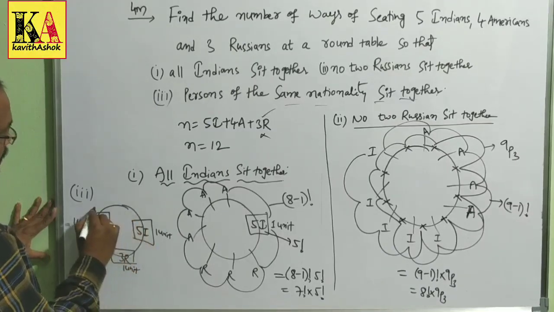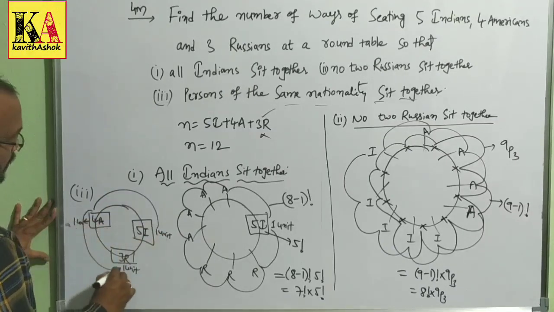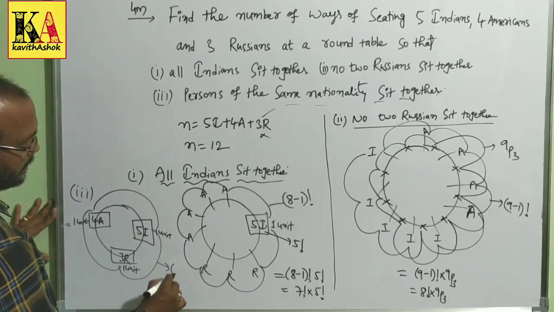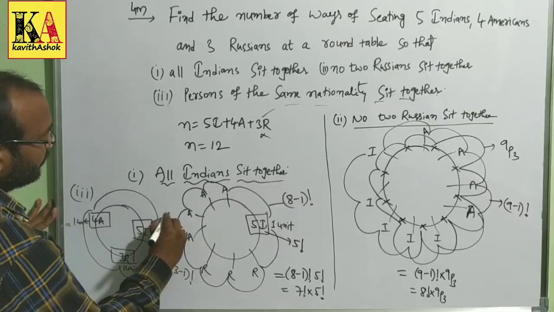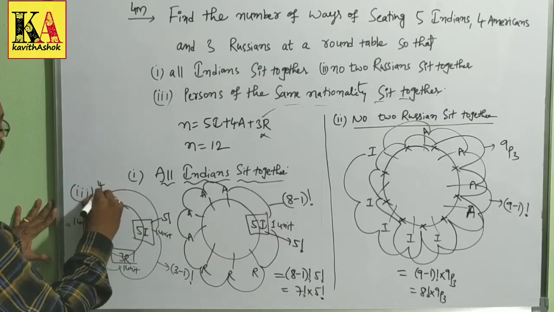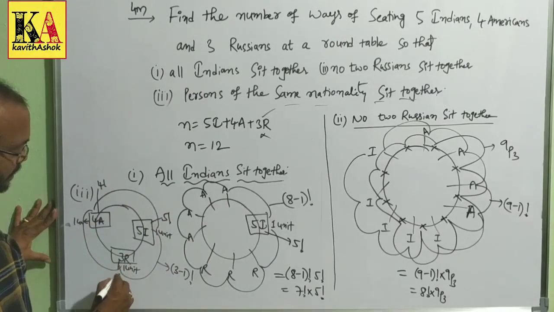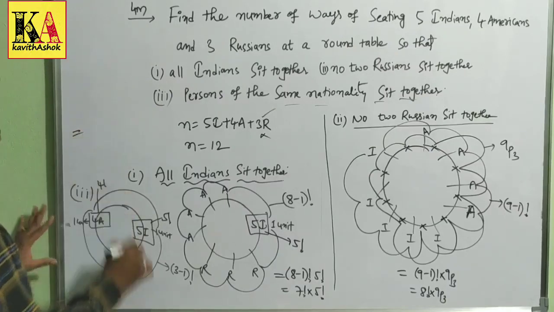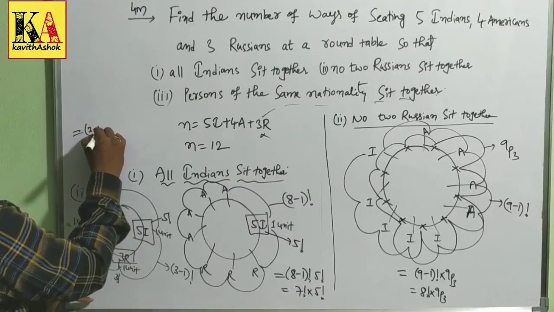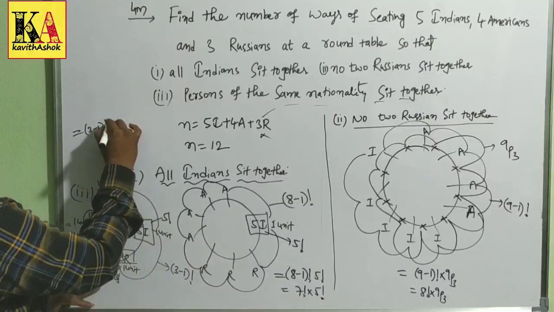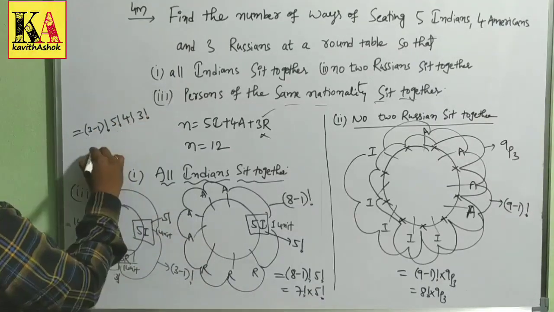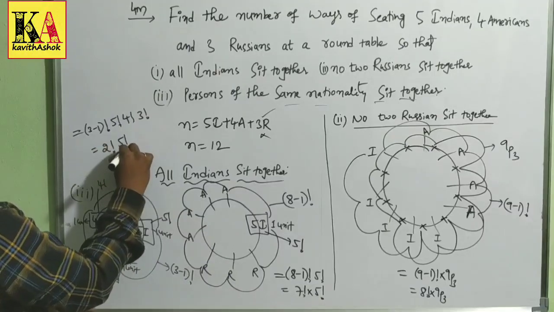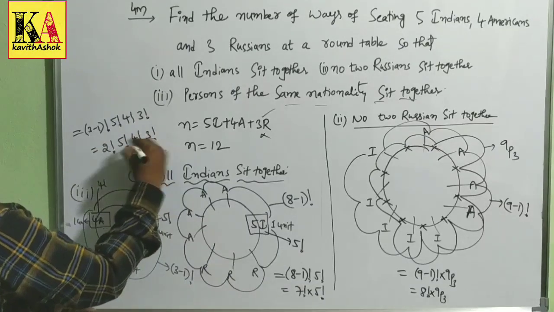Now, how many units are there? 3 units are there. 3 units can be arranged in 3 minus 1 factorial ways. Now, 5 Indians can be arranged in 5 factorial, 4 Americans in 4 factorial, 3 Russians in 3 factorial. The total number of arrangements will be 3 minus 1 factorial into 5 factorial, 4 factorial and 3 factorial. So, finally, this is 2 factorial into 5 factorial into 4 factorial into 3 factorial.